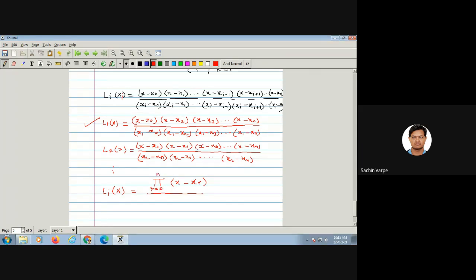But remember, r is not equal to i. So I'm writing one more condition here: r is not equal to i.